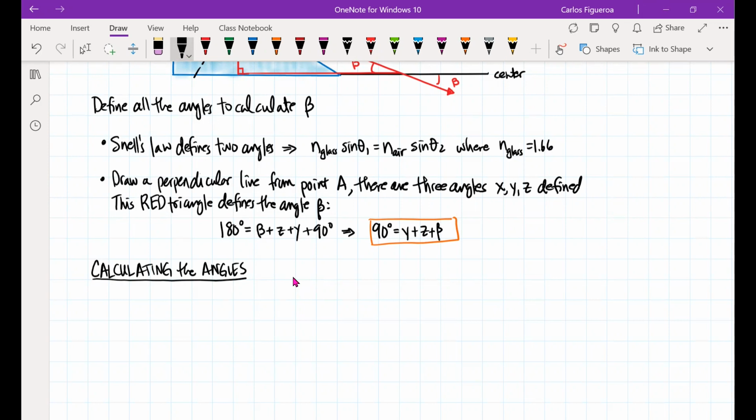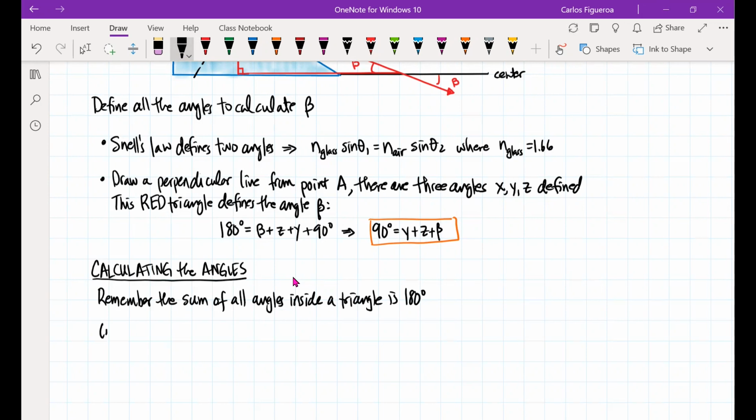So remember, the sum of all angles inside a triangle is 180 degrees. I know I just said that up above, but this plays a huge role.